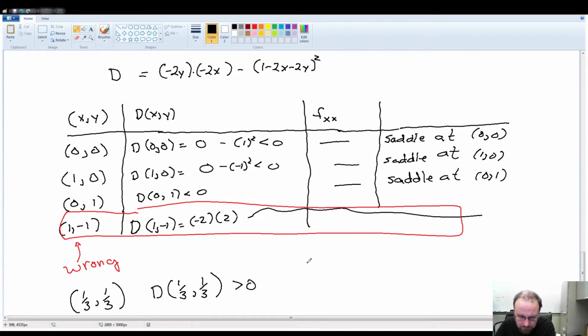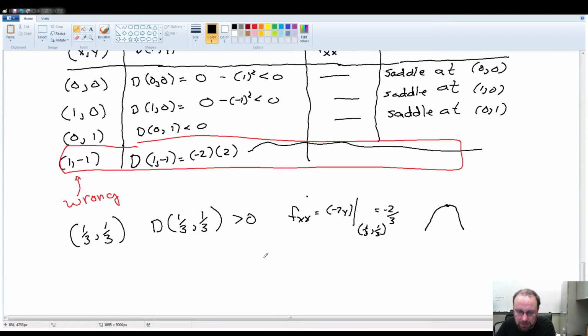And what was fxx? Negative 2y. So at this point that's going to be negative 2/3. So fxx is negative. And just remember that's like concave down, second derivative being negative. So that's a relative max.